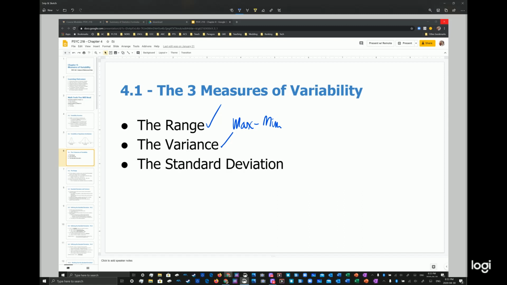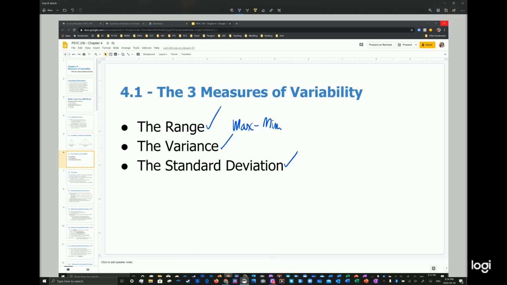Variance is the first step to get a more consistent measure of variability, which we'll be using in other chapters as well, like getting z-scores and using that to calculate standard error in hypothesis testing and so on. The standard deviation is the square root of the variance, and we'll talk more about that.